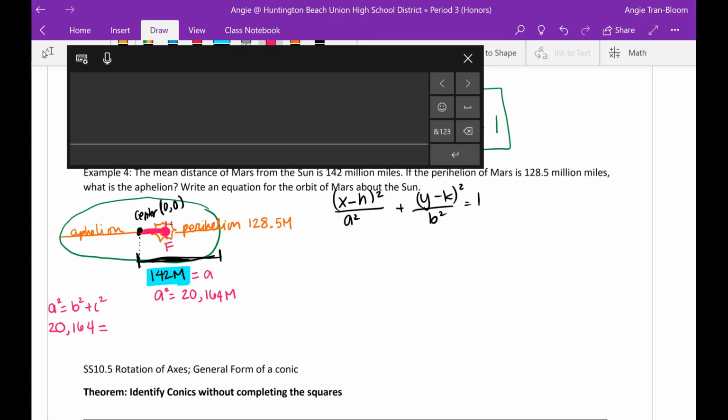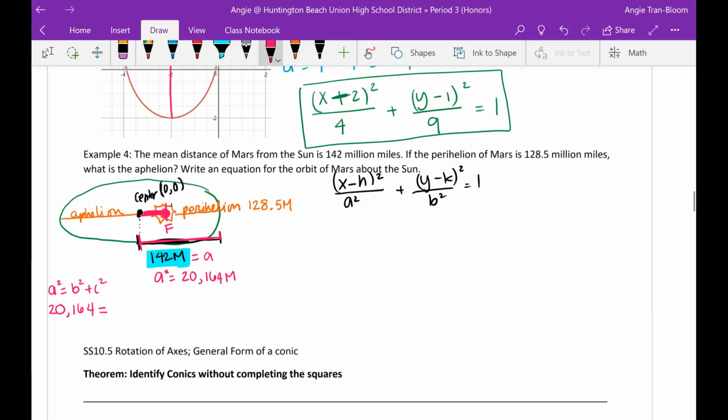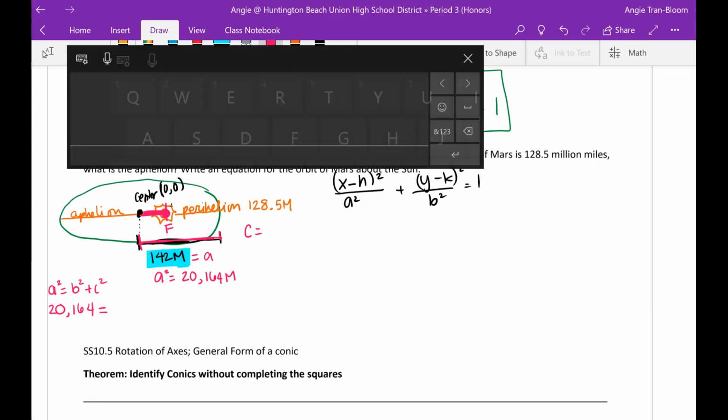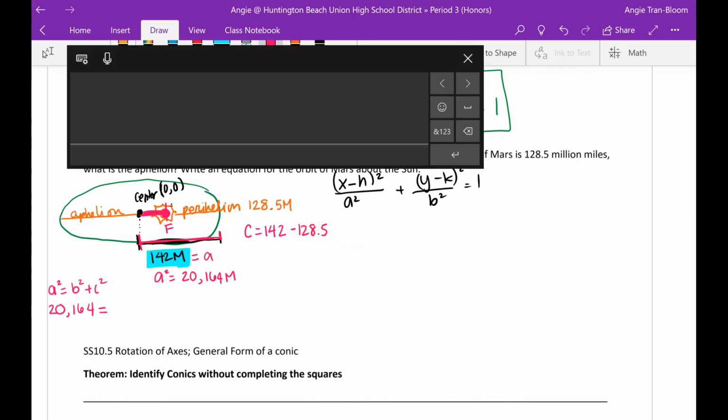And if I know the whole mean distance is 142, I can find c. c equals 142 million take away 128.5 million, using my calculator. c comes out to be 13.5 million. I will write the millions later, but right now that's what c is.